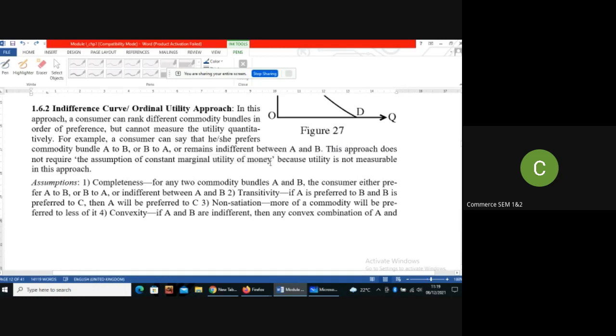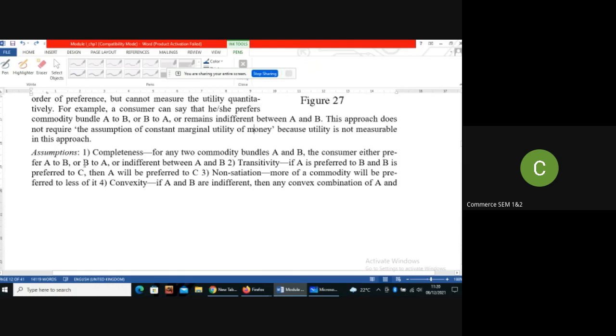But here, as utility is not measurable, we do not require this assumption. So this approach is more realistic than the previous cardinal utility approach. Next are the assumptions of this model.